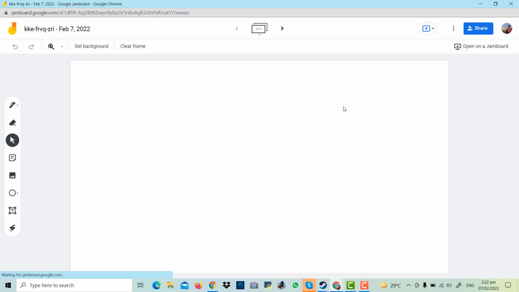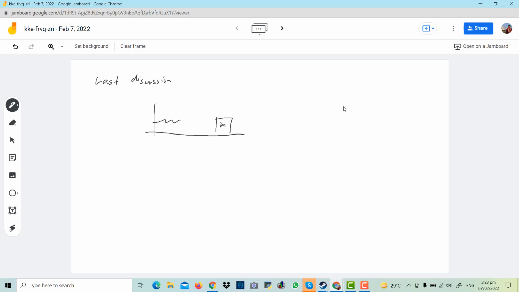Okay, so last time we have this. Last discussion, we have this system. Okay, mass M, and then we attach it to a spring with some spring constant K, and then the equation of motion, which we solved last time.